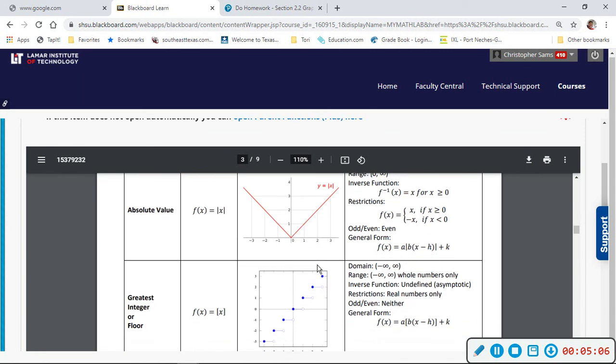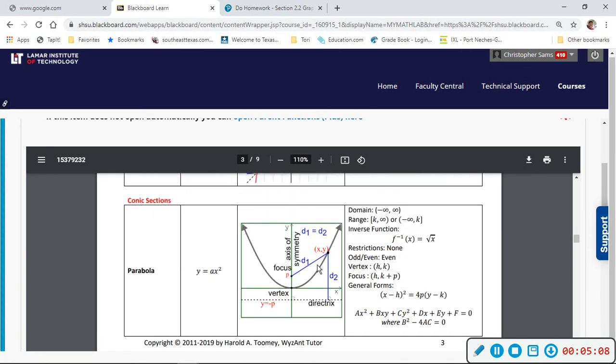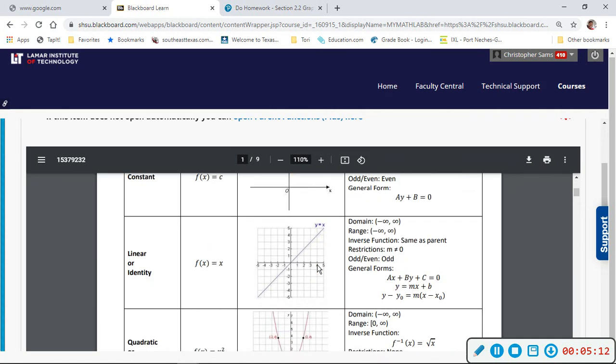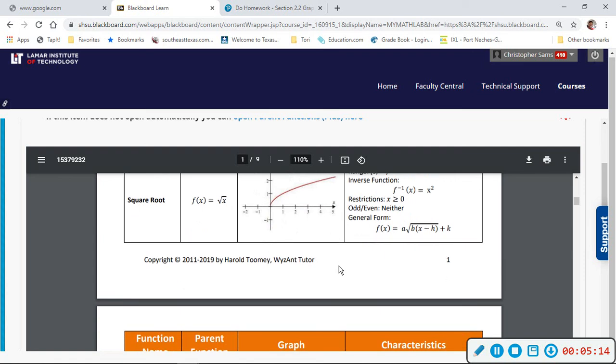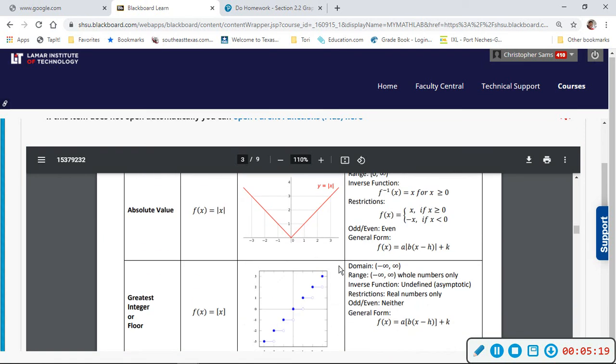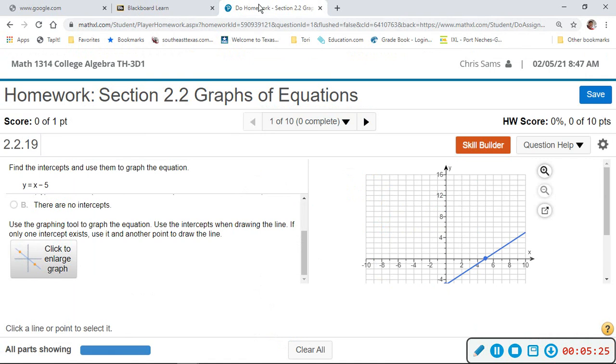It goes into calculus and pre-calc functions. We won't go past the first 2 pages. This is the first page, and there's a second page, and that's pretty much most of what we'll use. We might see absolute value. I don't know if we'll see this integer function, but that's also there to help you.